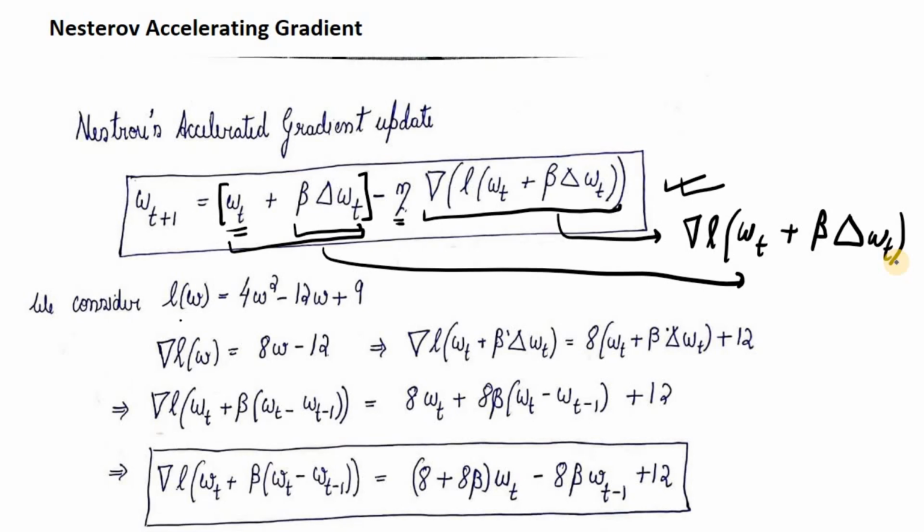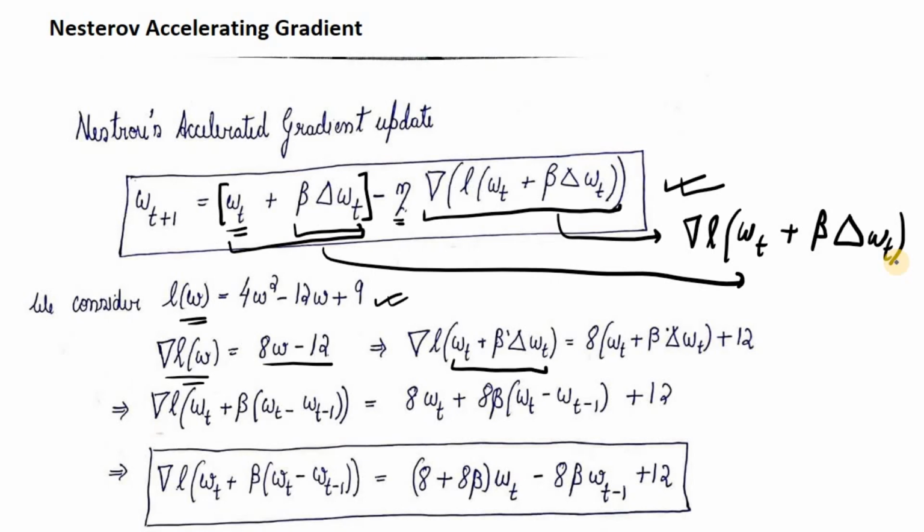So we have L(W). This is a numerical example, the same numerical example I have picked up. This is the gradient of L(W), which we find over here. Now in place of W, I substitute Wt plus beta times delta Wt.